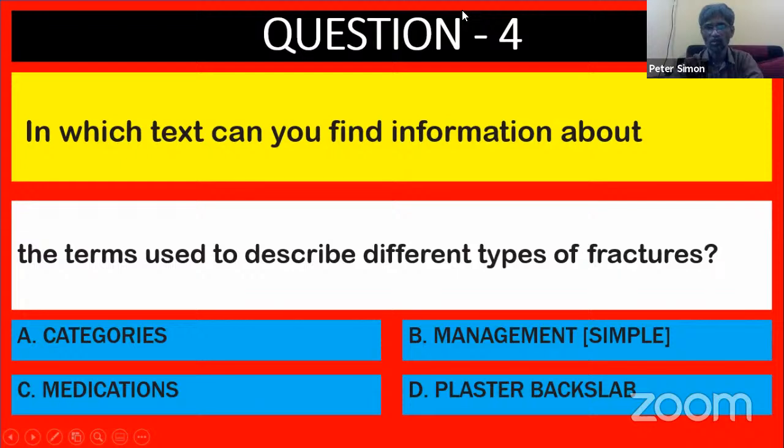Types is a very important word. Types will help you to find the answer.